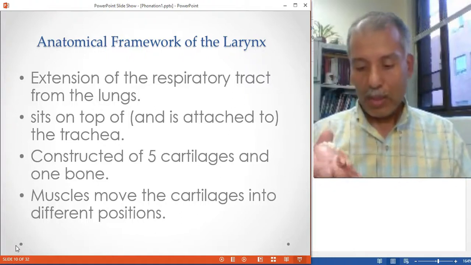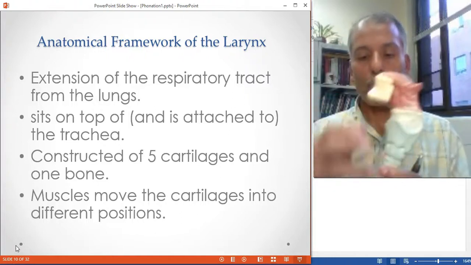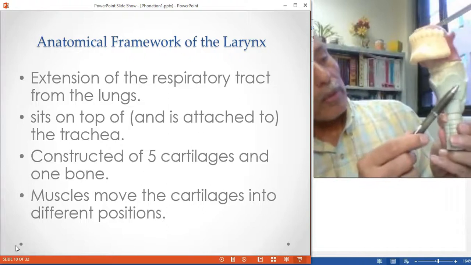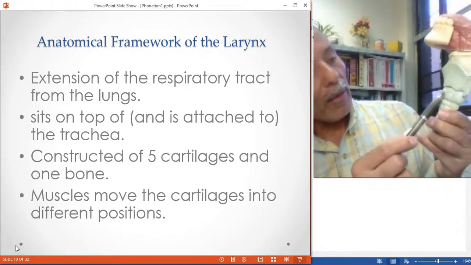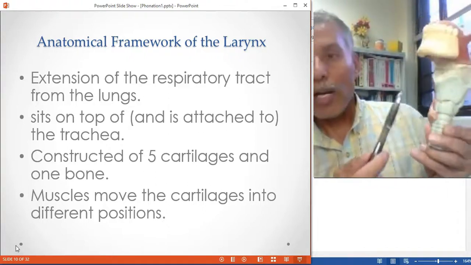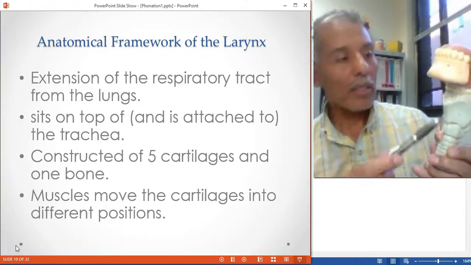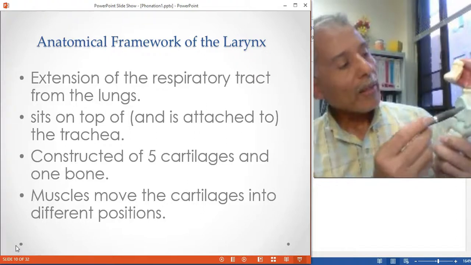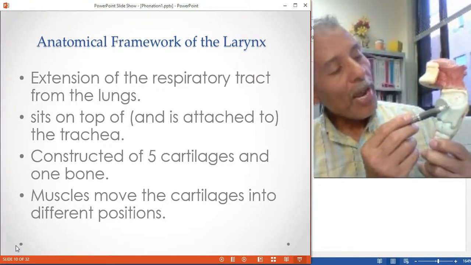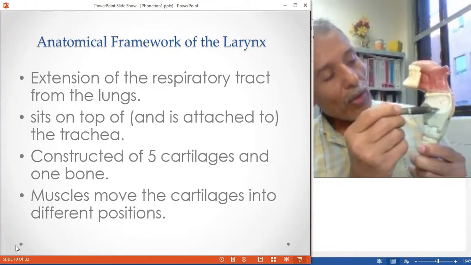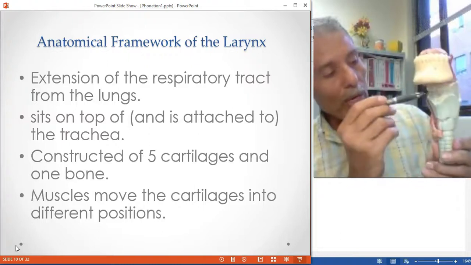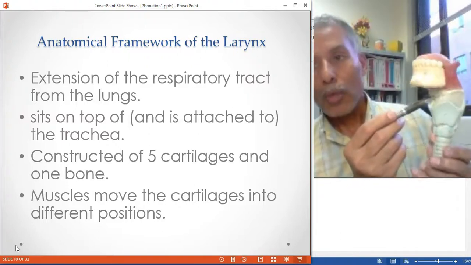Here is another model that basically shows you the same. So here's the larynx and the cricoid cartilage. The cricoid cartilage serves as the foundation of the larynx. And there's a membrane that connects the cricoid cartilages, all around, with the hyoid bone.